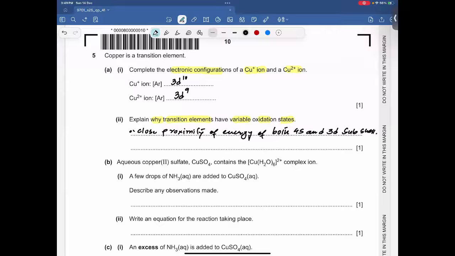Also, electrons are available both in 3d and 4s.